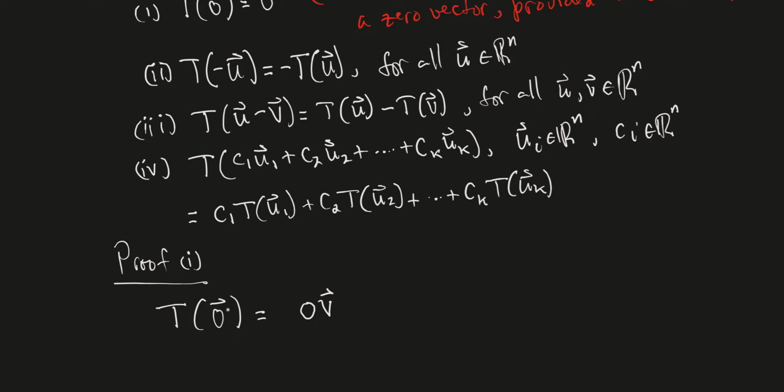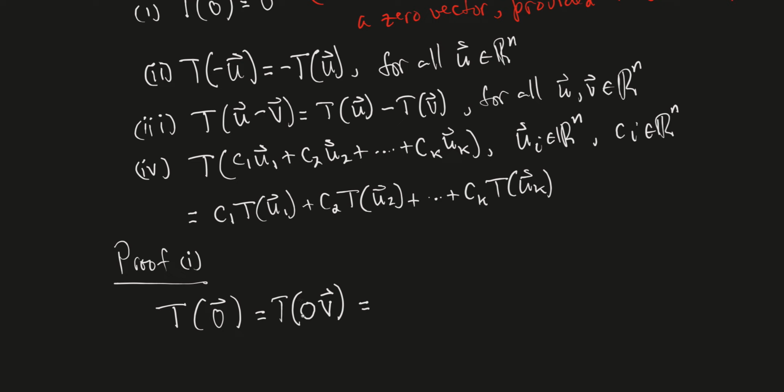So I can write it like this. That's true, because an easy way to form the zero vector is to take any vector in your vector space and then multiply it by the scalar 0, like you would distribute the 0 to all the components.